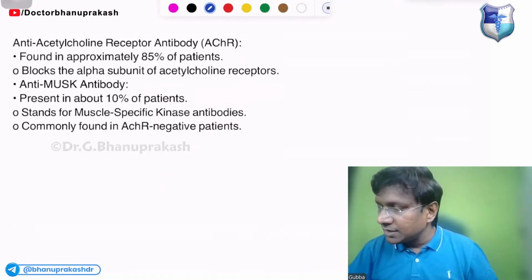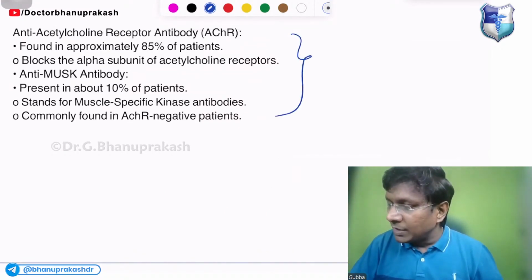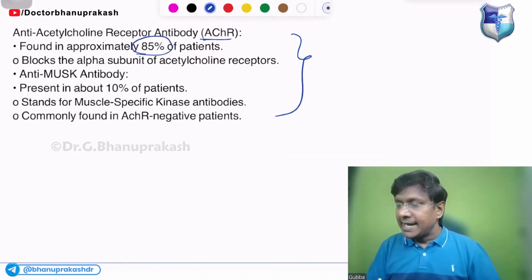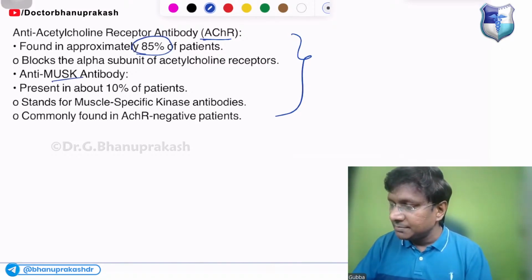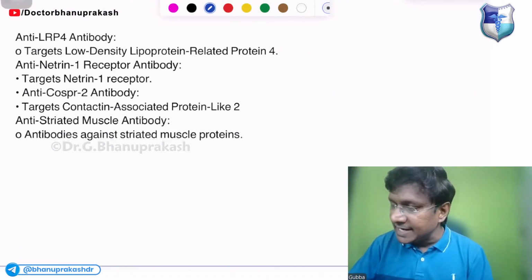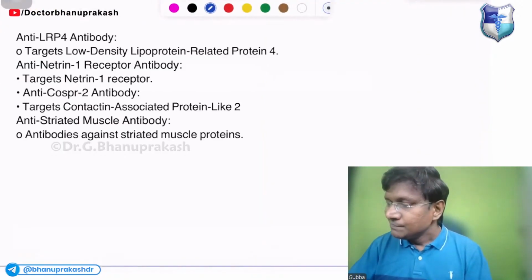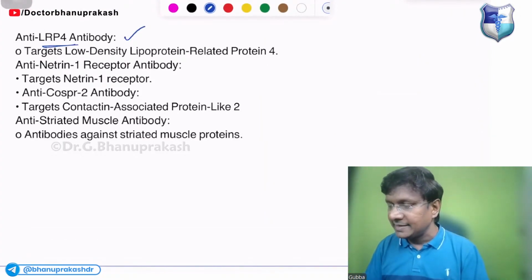These are all the antibodies in case of myasthenia gravis. One is the acetylcholine receptor antibody. The other is the anti-MuSK antibody, but this is present only in 10% of individuals. The other important antibody is the anti-LRP4 antibody.